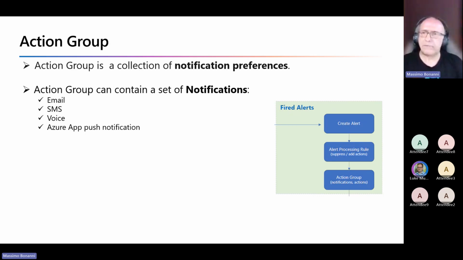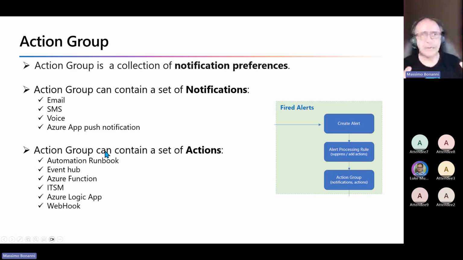So you can define the behavior and say this and that alert rule have the same behavior, using the same action group. The notification may be, as I said twice or three times in this session, the email, the SMS, the voice, or the push notification in the Azure app on your smartphone.